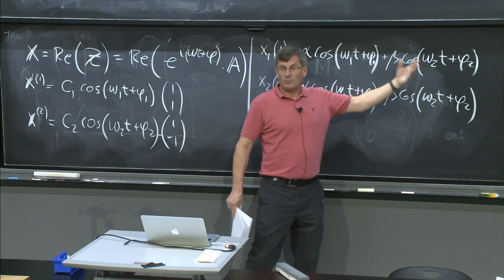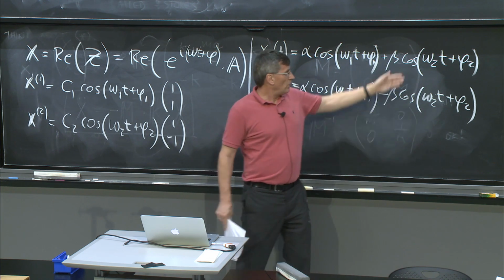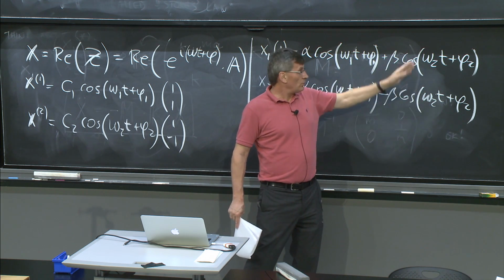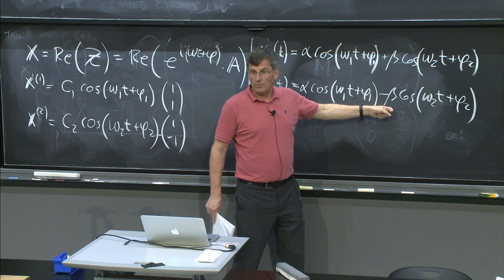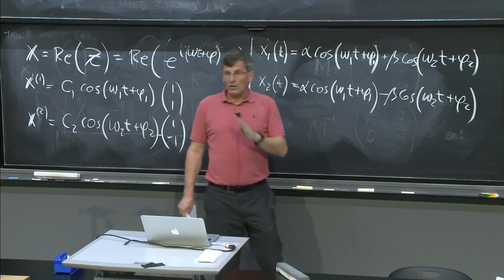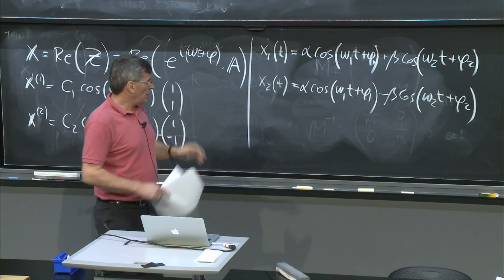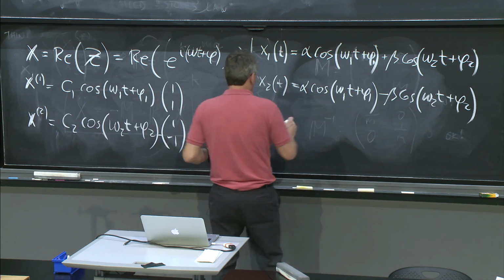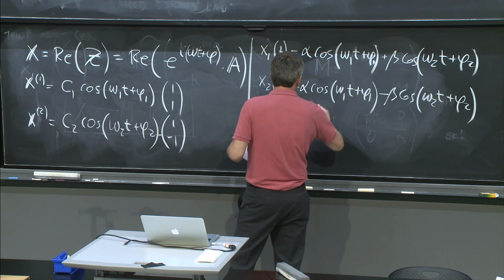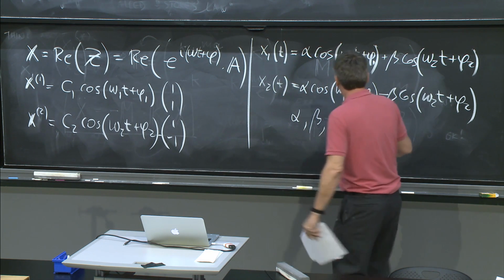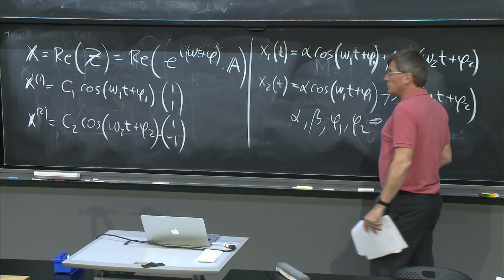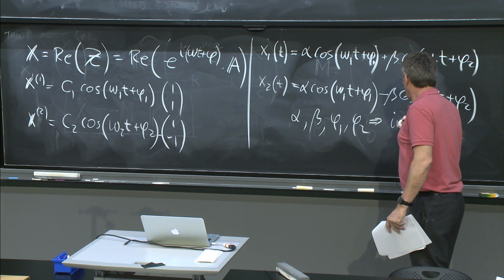And this is the part which corresponds to the second mode, which is with a different frequency, and there's an opposite sign between this amplitude and that amplitude. So you have only four coefficients, alpha, beta, phi 1, and phi 2, which need initial conditions to be determined.